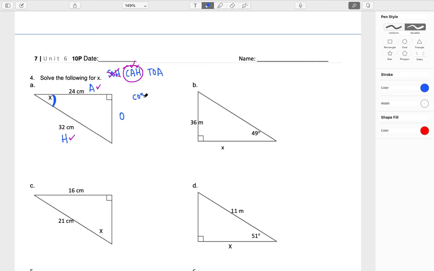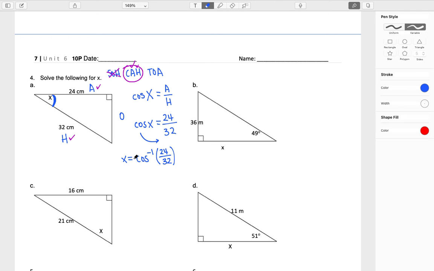So cosine theta, or x in this case, is equal to adjacent over hypotenuse. So cosine x is equal to 24 over 32. And I'm going to move cosine to the other side. So x is equal to cosine inverse, don't forget the -1, bracket 24 divided by 32.